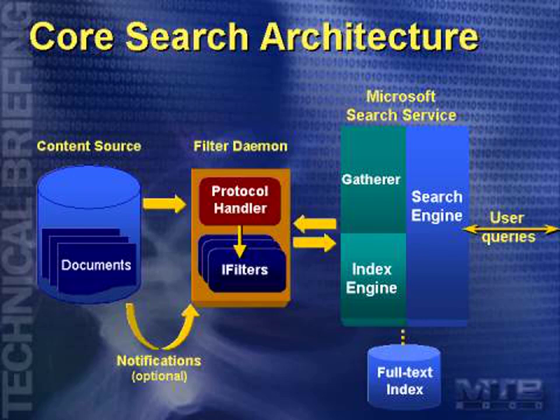Its sole job is to understand how to connect to the content source that needs indexing, enumerate the list of documents that need to be indexed, retrieve that data and pass it on to the indexing engine. The interfaces between the protocol handler and the Microsoft Search Service are very well defined. In fact, we plan to publish that in the Tahoe SDK to allow customers to implement their own protocol handlers to the content source that's of interest to them.